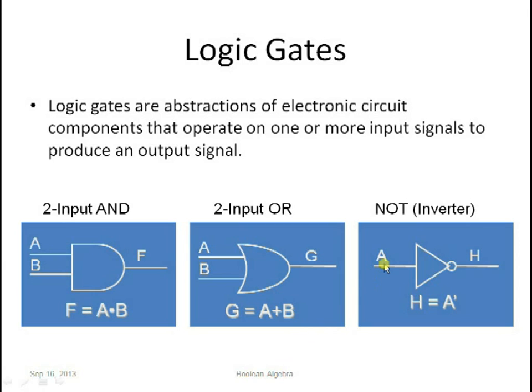And NOT is the gate which accepts only one input and produces only one output, and here the output expression is h equals a complement. So these are the 3 basic gates which we use for realizing any kind of electronic circuit.